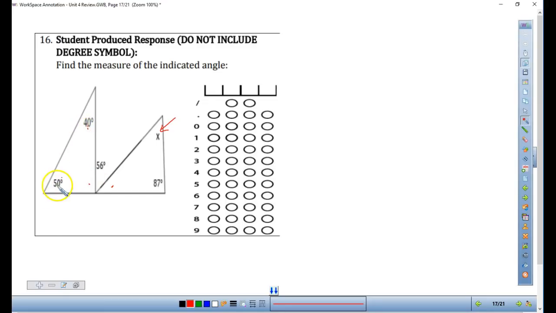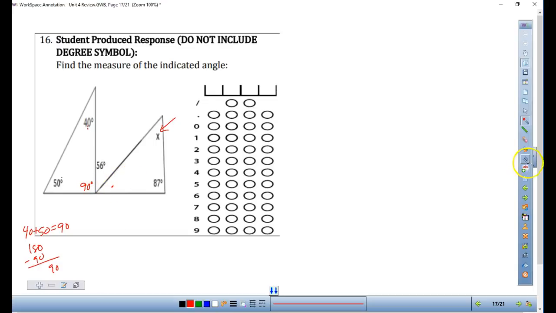So if we already have 40 plus 50, that equals 90, right? So if we take those away from 180, 180 minus 90, we're going to get 90 left. So this one's 90.